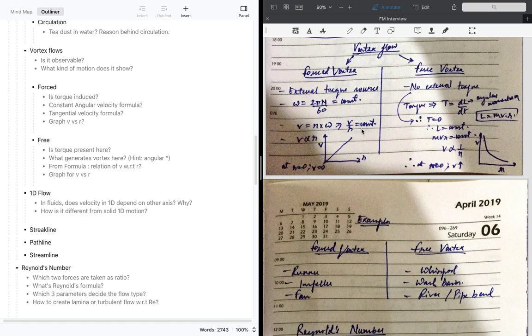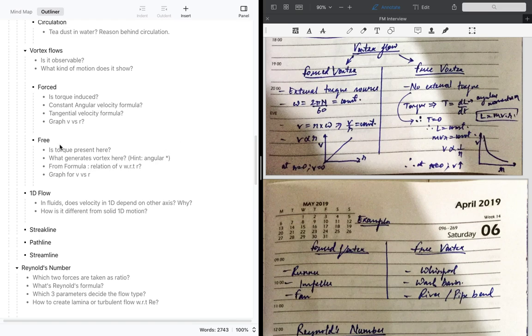At r equal to 0, the velocity is also 0. That means if we touch the fan at the center, there is the least force there. But if we go to the tip of the fan, the force is very high, the velocity is high at that point. As the radius increases, the velocity increases, and at radius equal to 0, the velocity is basically 0.